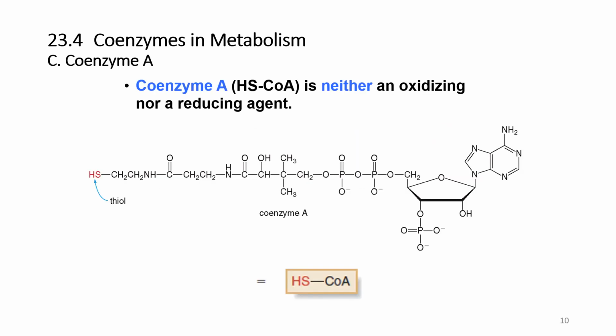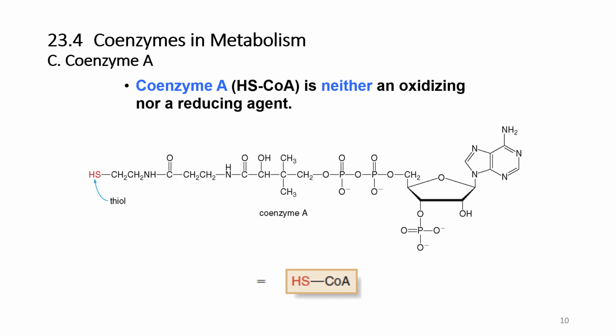Here's coenzyme A. We encountered that when talking about acetyl-CoA being a product of the breakdown of lipids or fats, carbohydrates, and amino acids, but we had not yet actually looked at the coenzyme itself.